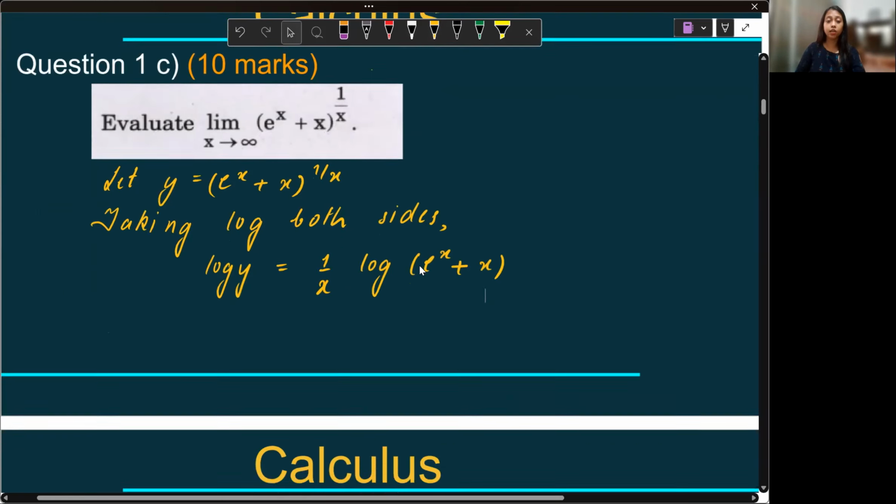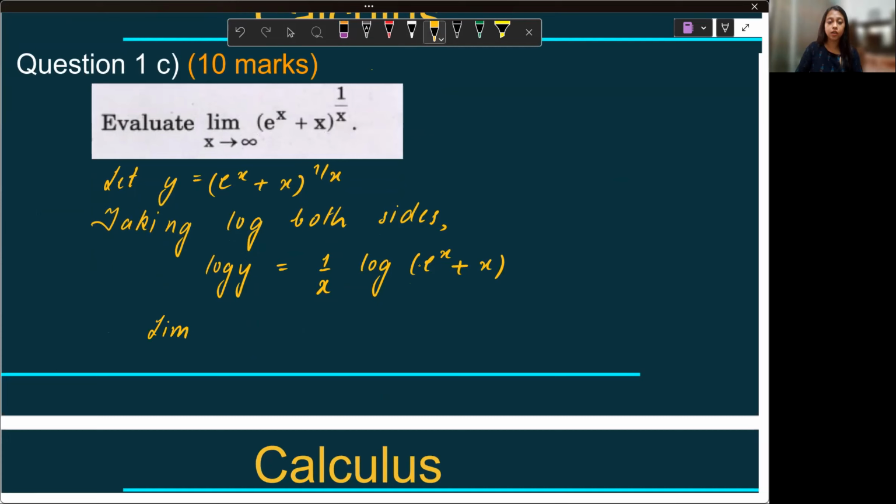Okay, now I can take limit both sides. Limit x tends to infinity of log y is equals to limit x tends to infinity of log (e raised to power x plus x) by x.